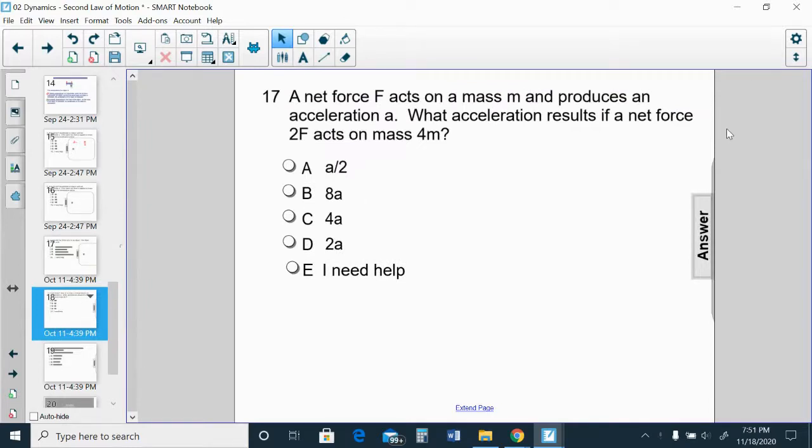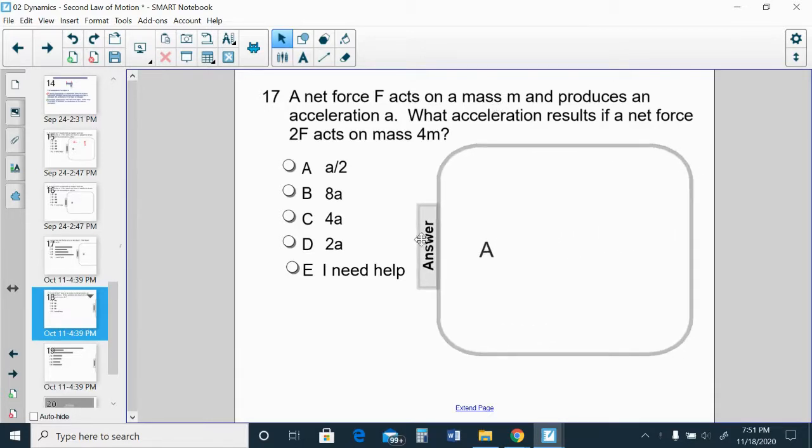A net force F acts on a mass m and produces an acceleration a. What acceleration results if a net force 2F acts on a mass 4m? The correct answer for this problem is A, acceleration divided by 2.